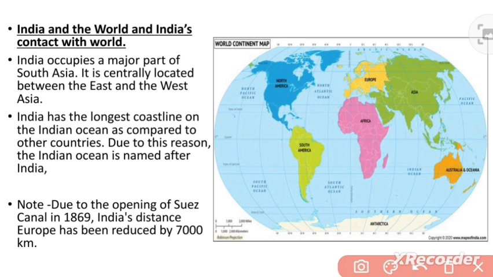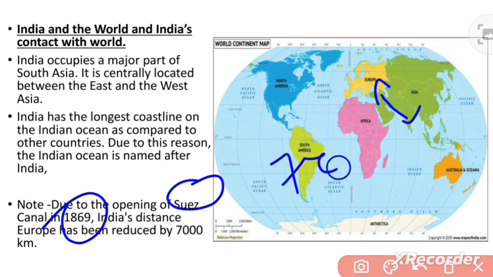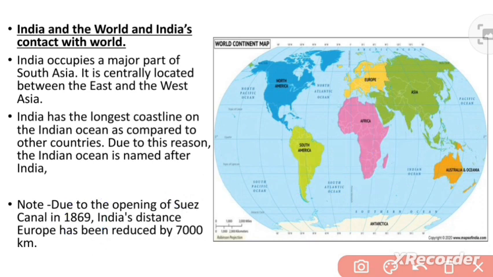It opened in 1869, and India's distance to Europe has been reduced by 7,000 kilometer. How many? 7,000 kilometers. So keep it in mind, when the Suez Canal opened in 1869, the distance from India to Europe was reduced by around 7,000 kilometer.